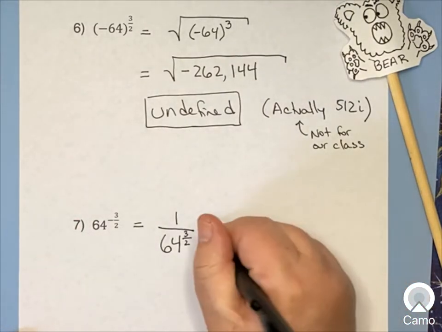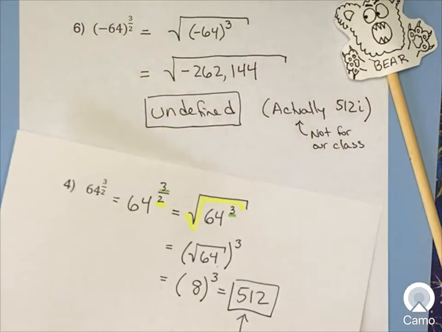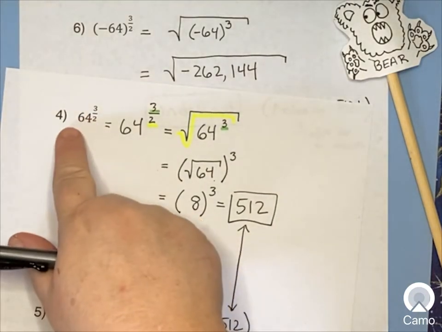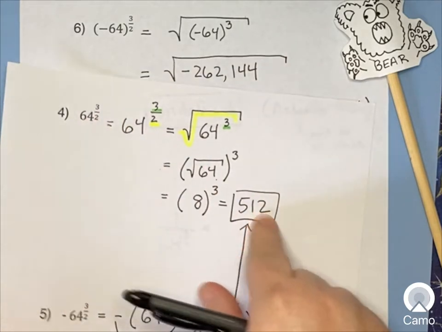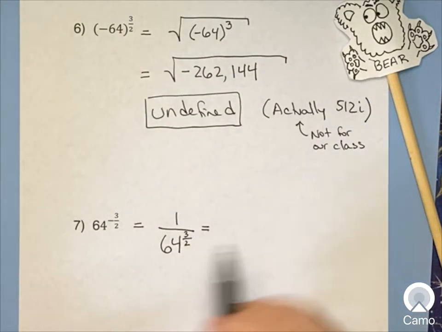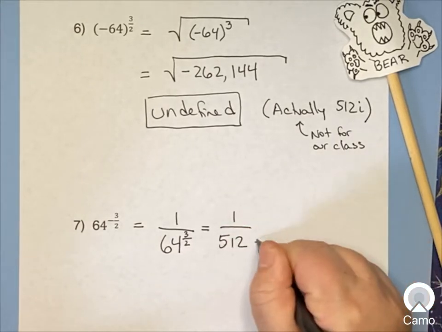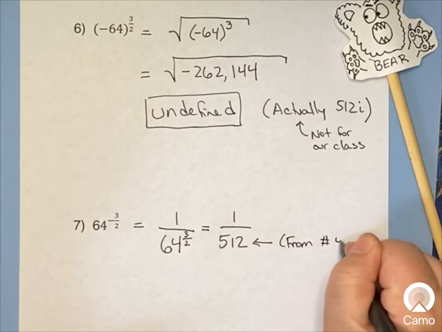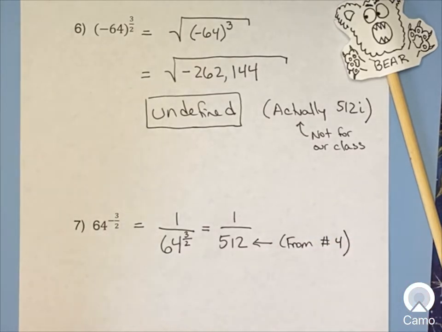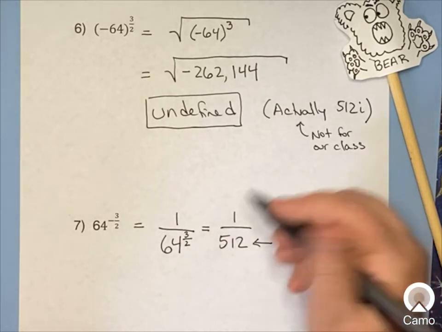But once you're in the denominator, then we can say, wait a minute, right back here, we already figured out that 64 to the 3 halves is 512. So this is going to be 1 over 512. This is from number 4. And then we're done. So all it's saying is, what if it's a negative exponent? And that just means it's in the denominator.